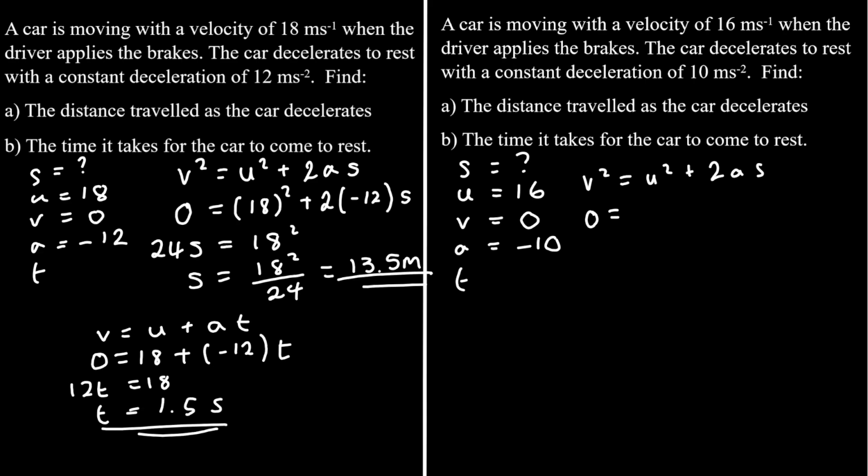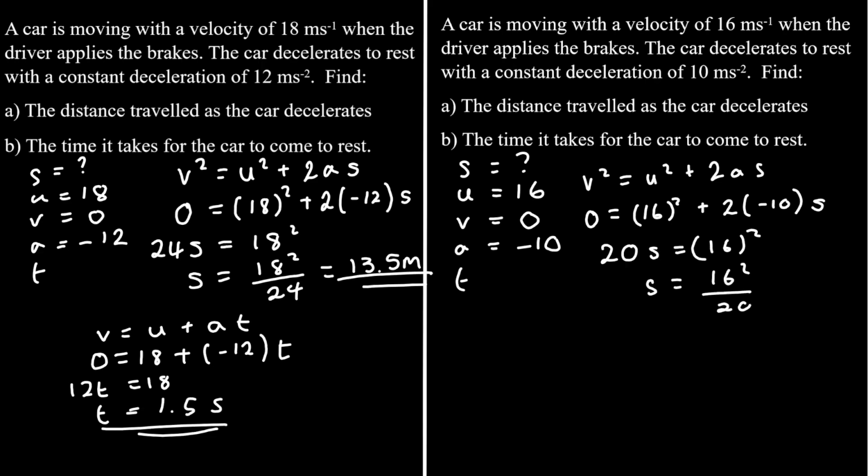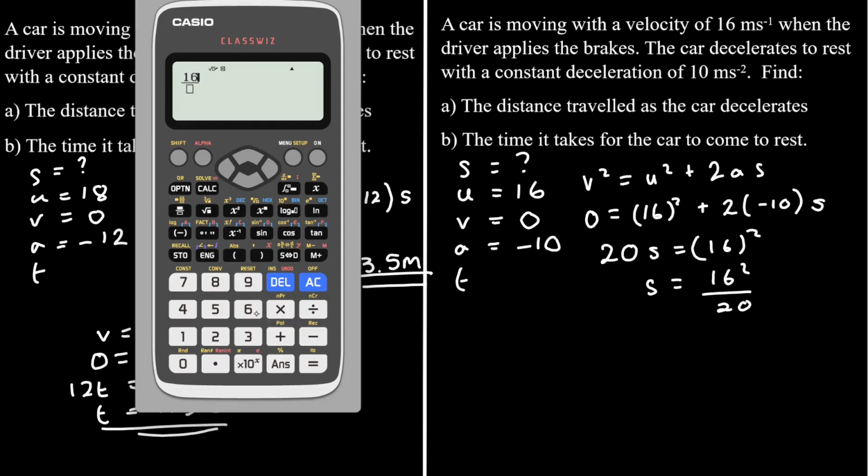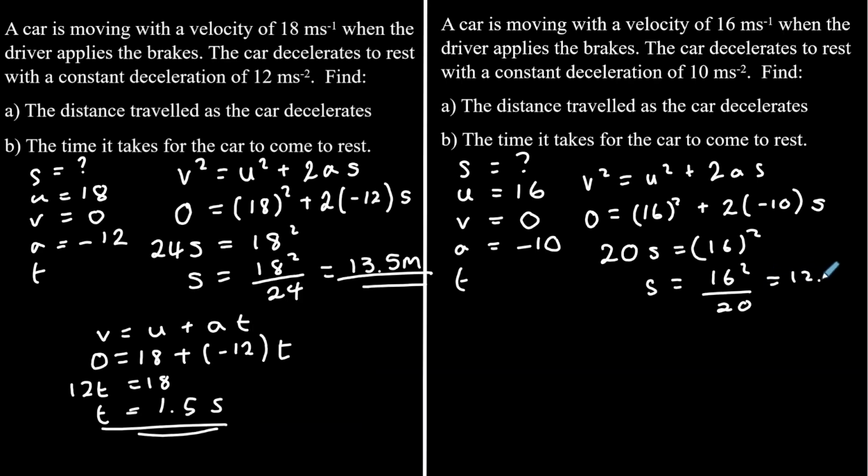0 equals 16 squared plus 2 times negative 10 times s. So 2 times negative 10 is negative 20, plus 20s to both sides. So 20s is equal to 16 squared. So s is 16 squared over 20. 16 squared over 20 is 12.8 meters.